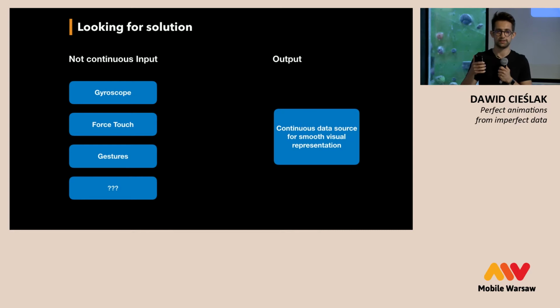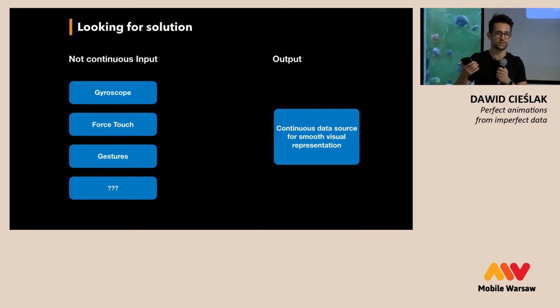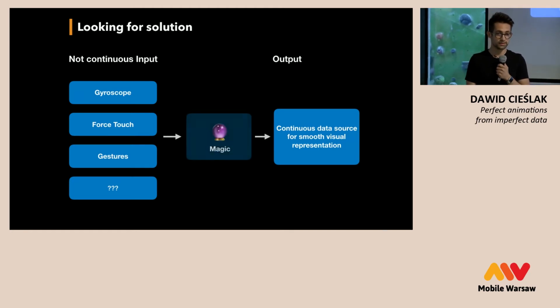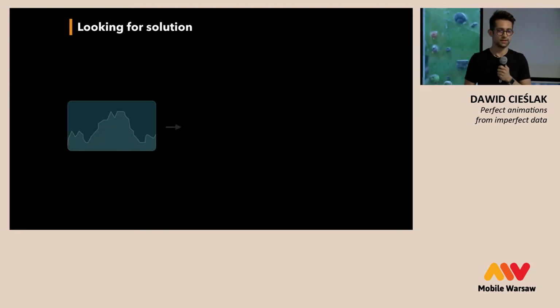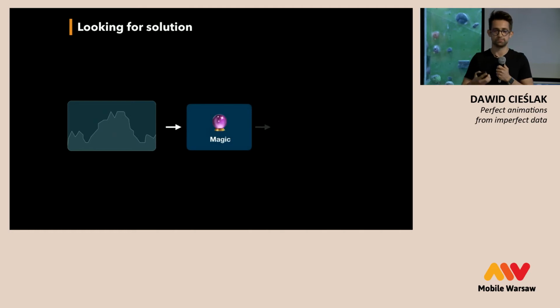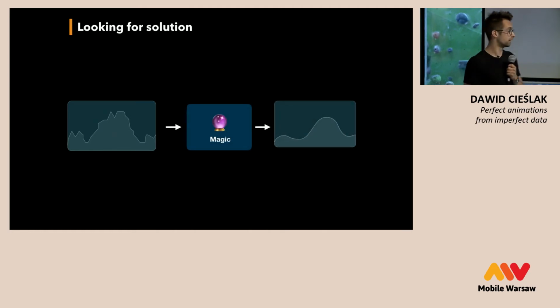So let's say that in each tick of every time screen refreshes, I want to have new step I can apply as a transformation on the screen. So we're kind of looking for the magic box that can transform some noisy input into something we can use as an animation, and that needs to be done in real time.